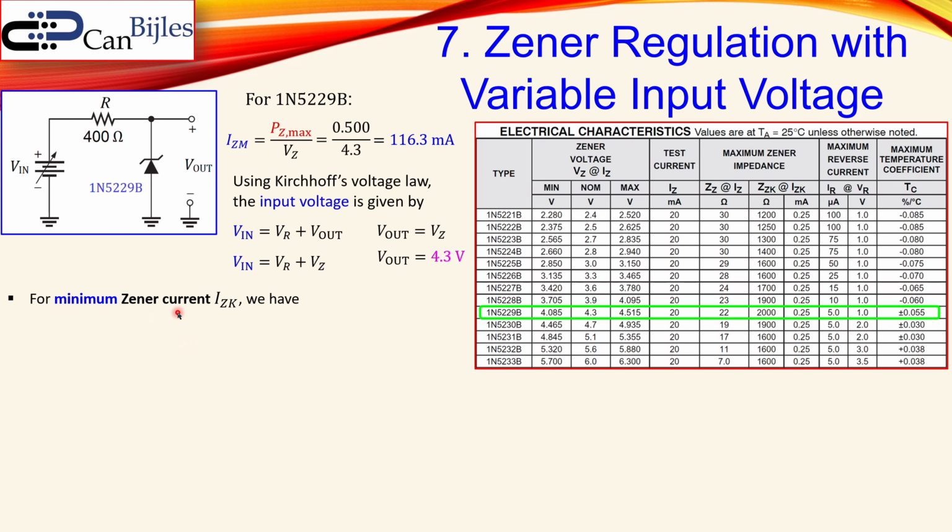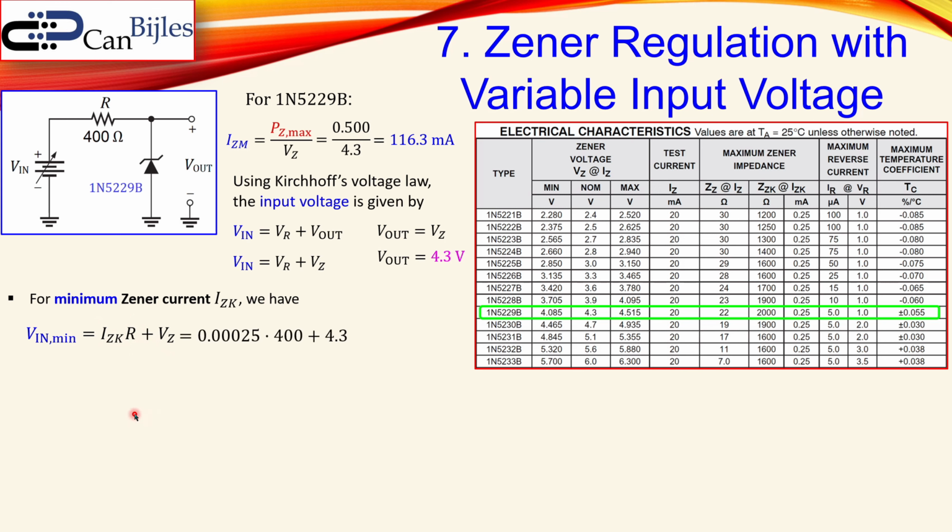Now for the minimum Zener current, I say this is the value I need to have in order to stay in the regulation. Then we have this expression, which is Vin minimum is IZK times R plus VZ. This is Ohm's law for the VR.